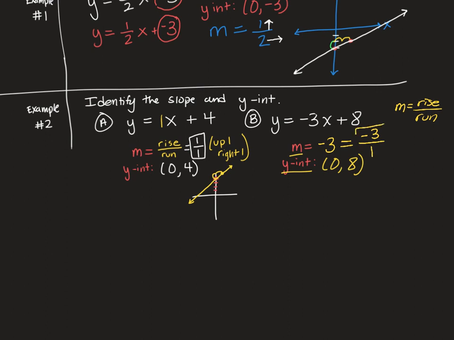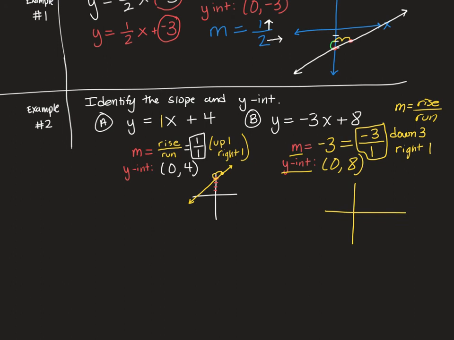So my slope is negative 3 over 1, which means I'm going to go down 3, right 1. Because the 3 is negative. So that means I'm going to go down 3 and then right 1 because the 1 is positive. So right 1.